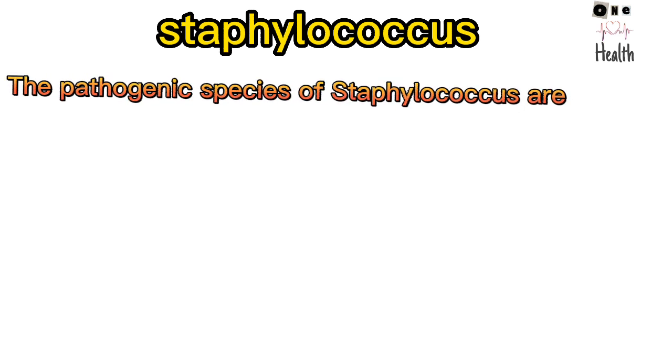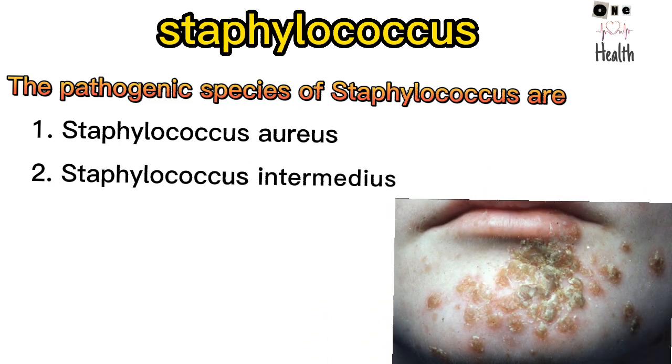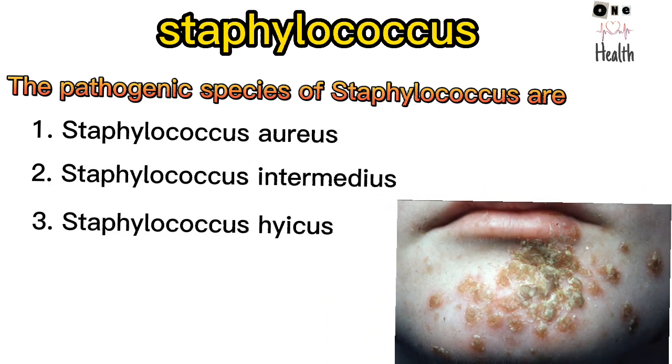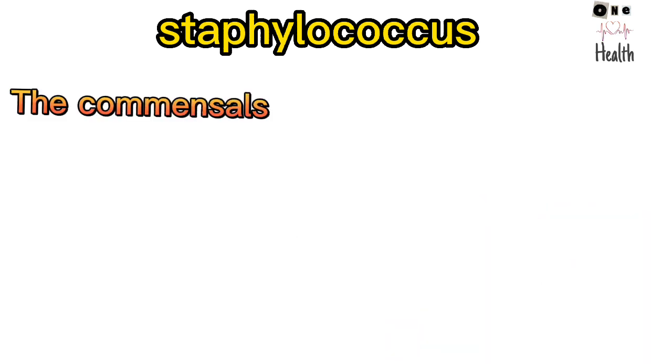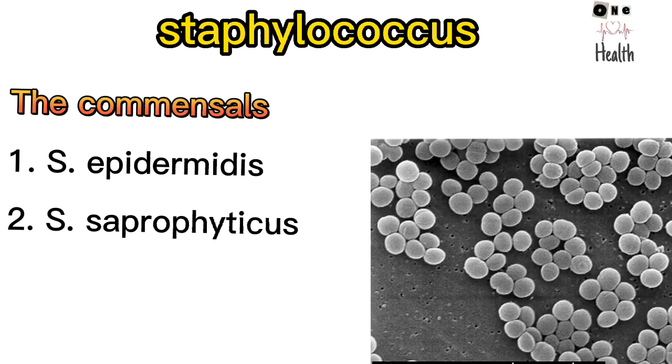The pathogenic species of staphylococcus are Staphylococcus aureus and Staphylococcus intermedius. Most strains of Staphylococcus aureus are pathogenic, but the commensal or opportunistic pathogens are Staphylococcus epidermidis and Staphylococcus saprophyticus.